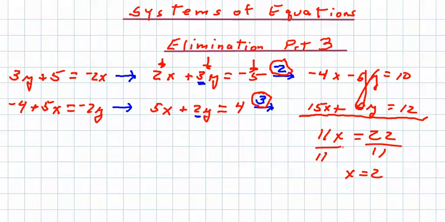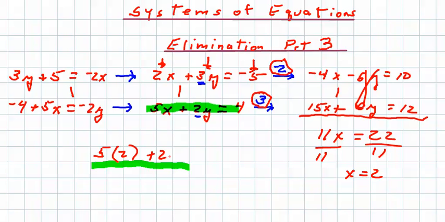Now, I have 3 different equations. I have 2 right here, 2 here, 2 here. Doesn't matter which 2 you use, you are going to get the same answer. I'm going to take this equation right here, and I am going to find out what y is. So I have 5 times my x, which is 2, plus 2y equals 4.